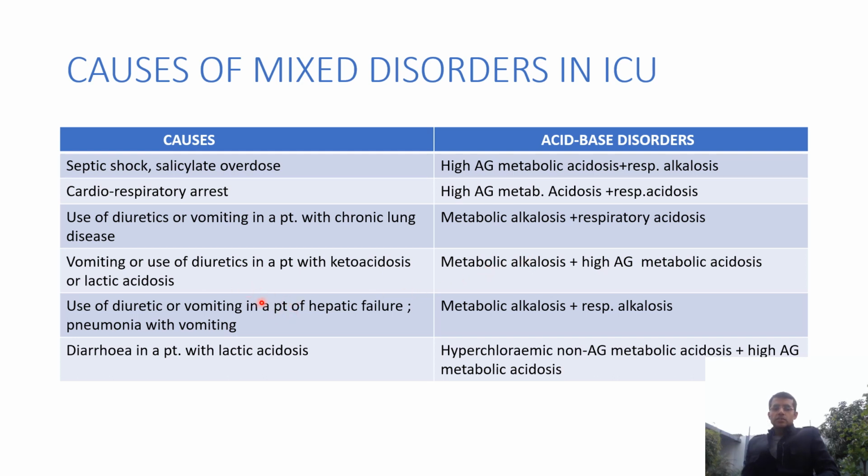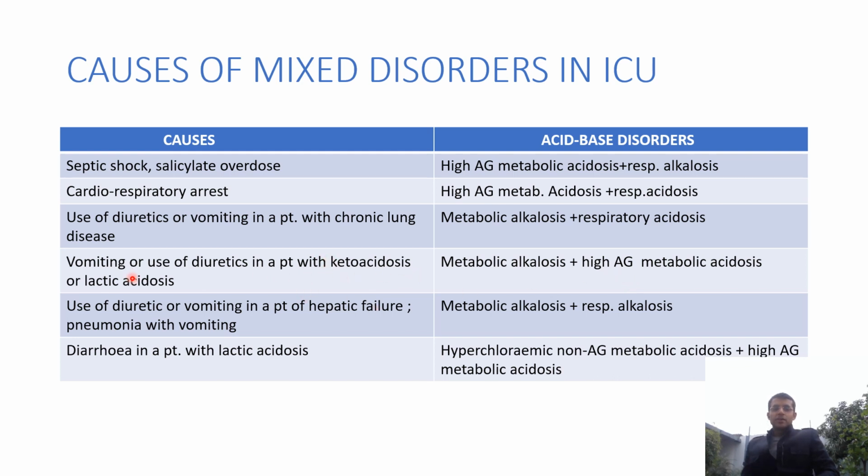Clinically, what will the patients be presenting with? Vomiting, use of diuretics in a patient with ketoacidosis or a lactic acidosis due to some infection. So vomiting and use of diuretics will cause metabolic alkalosis, and ketoacidosis or sepsis will cause high anion gap metabolic acidosis. So metabolic alkalosis and metabolic acidosis can coexist together, but respiratory alkalosis and respiratory acidosis can't coexist because the organ is the same, the lungs.